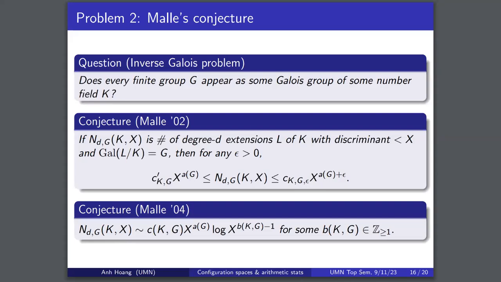If we let N(d,G,K,X) be the number of degree d extensions L of K with discriminant less than X and Galois group G, those are something that specify your extension, then this number grows asymptotically like a polynomial in X with a specified power a depending only on the group G. And then there is also a more precise conjecture saying that it is asymptotically something like C times X to the a times the log X to the b minus 1.